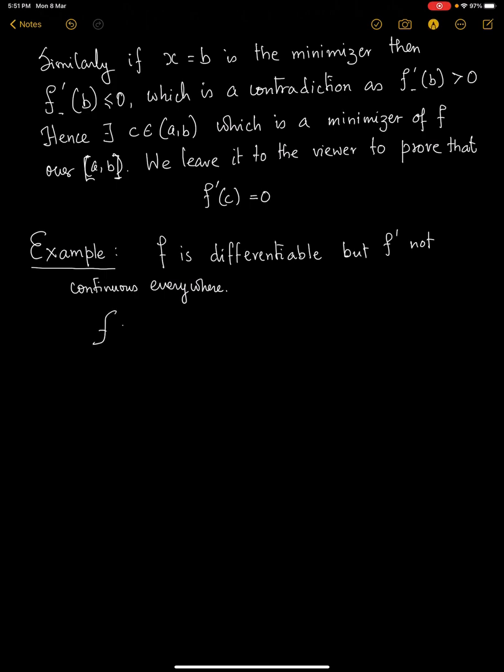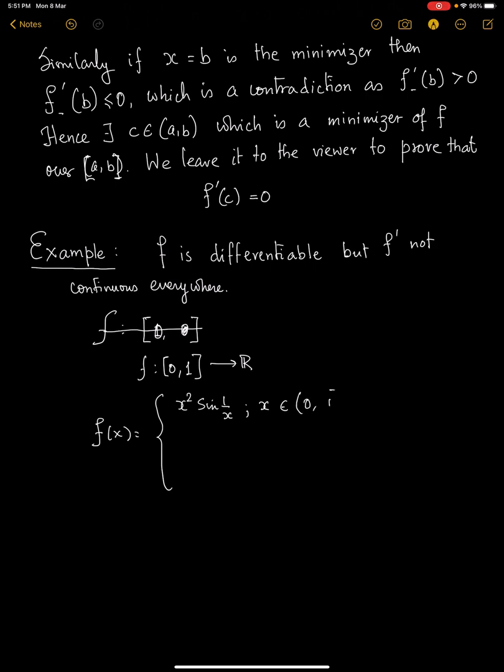So let us take f from [0, 1] to R. Let me define it as f of x is equal to x square sine 1 by x when x is not 0 but anything between 0 and 1 including 1, and is equal to 0 if x is equal to 0.